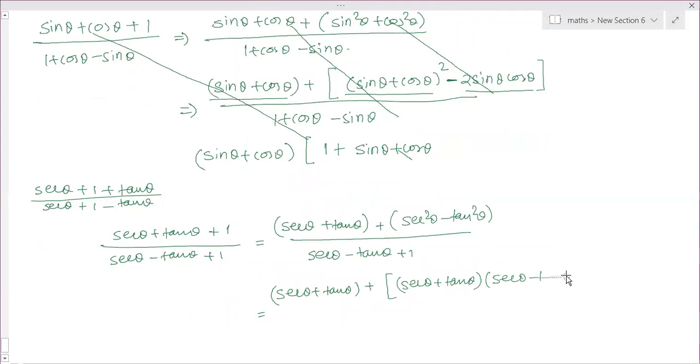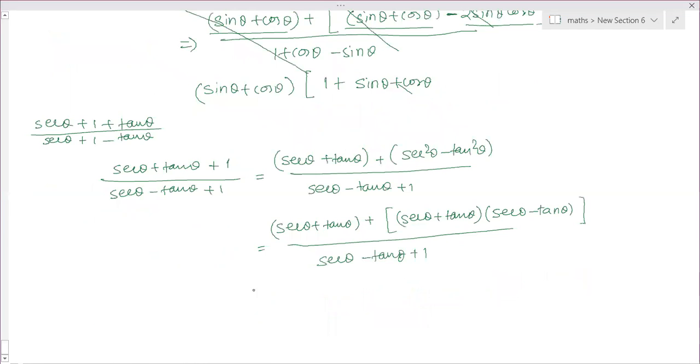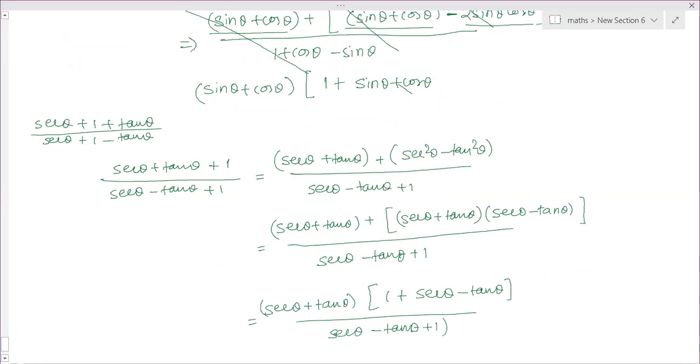Ma'am, I'm getting everything wrong because in the first place I wrote plus tan theta on both sides. Very good. So take sec theta plus tan theta common. In the bracket, it will be 1 plus sec theta minus tan theta. And the denominator is also same, sec theta minus tan theta plus 1.